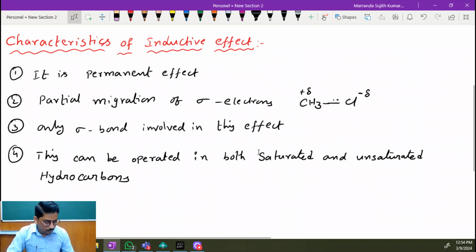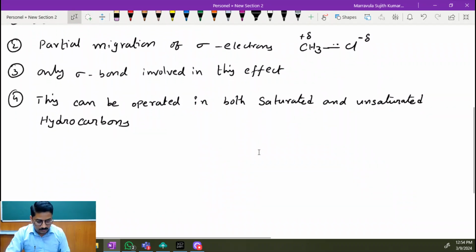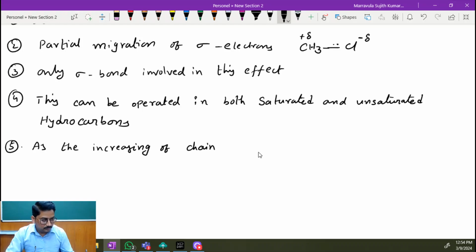Okay, and one more important point, you should remember this very important point: as the chain increases, this effect decreases.